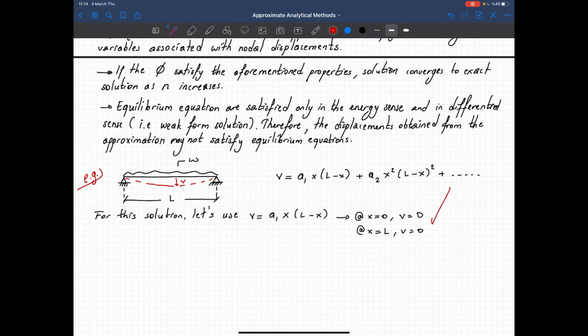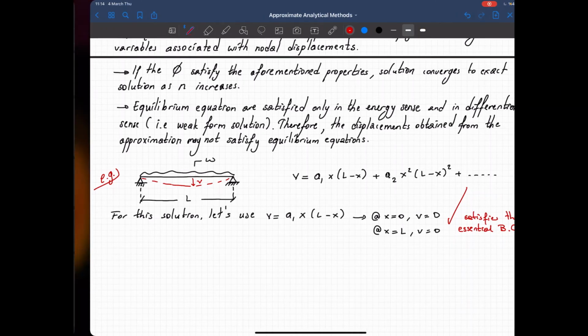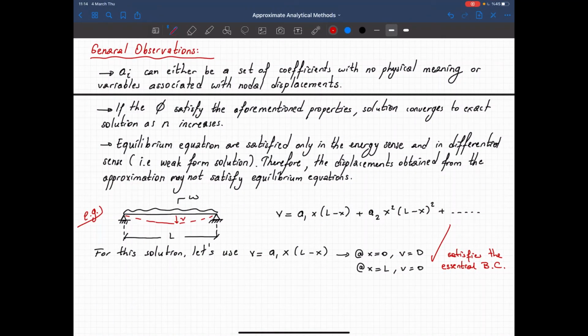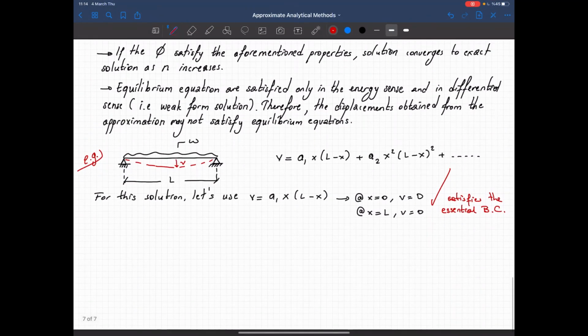So that's correct. It satisfies the essential boundary conditions, and that's all we need for the approximate solution. Now what we need to do is to write down the energy function.